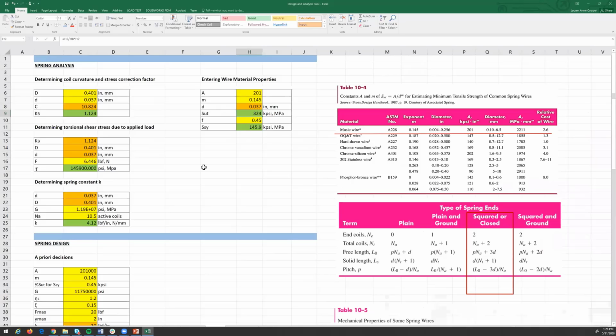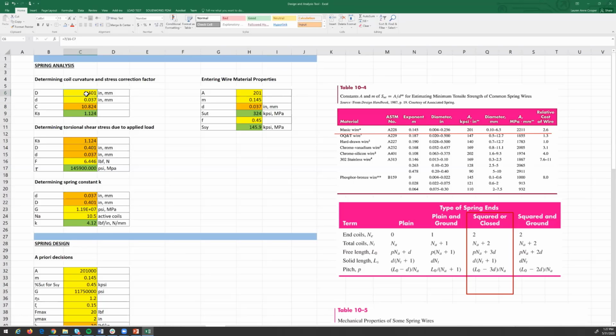Next, it's asking to estimate the static load corresponding to the yield strength. So for that, I'm going to use this area here, determining torsional shear stress due to the applied load. The first thing I have to find is KB, so I did that up here. And to find KB, you have to find the coil curvature, which again is just a ratio of the mean diameter divided by the wire diameter. I'm going to pause here.